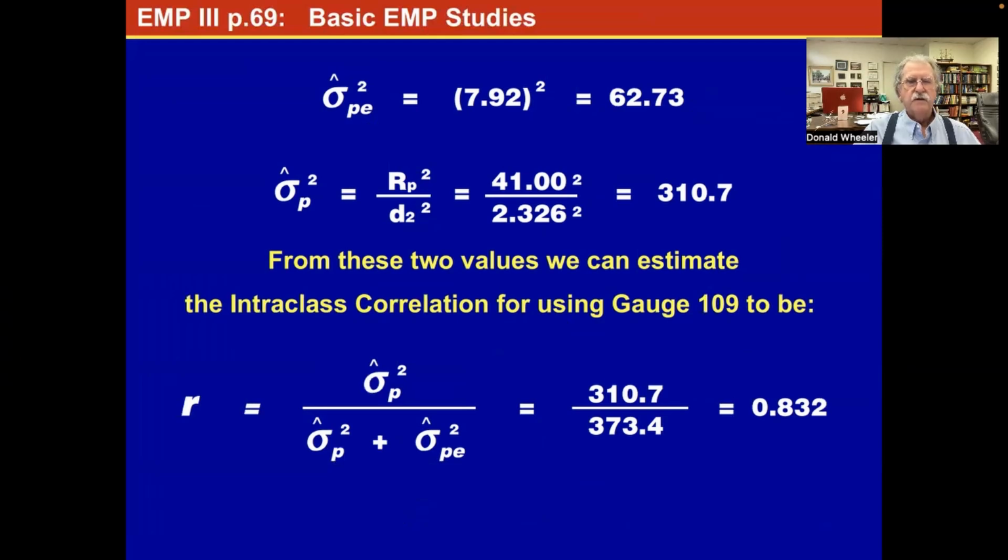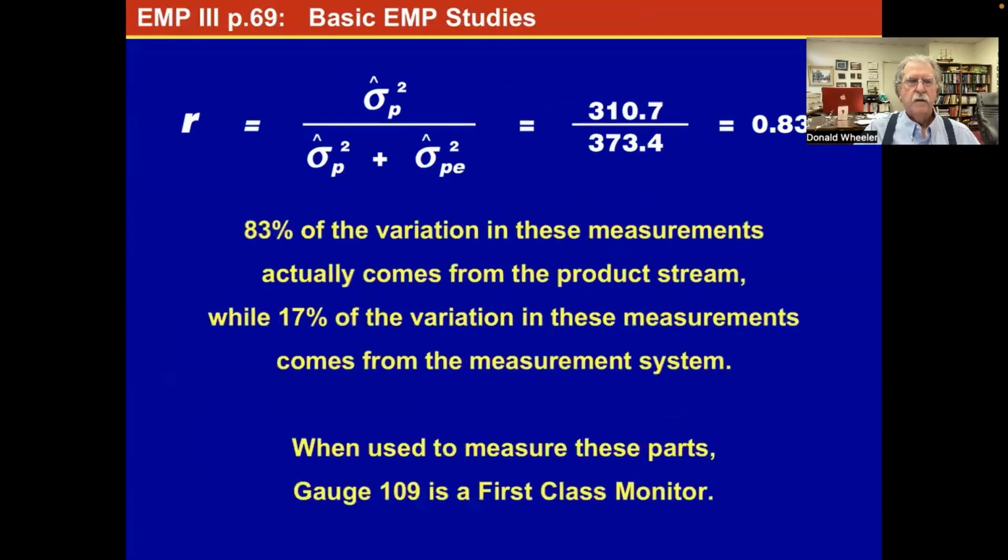And our intraclass correlation is 0.832. 83% of the variation in these measurements actually comes from the product stream. 17% of the variation in these measurements comes from the measurement system.